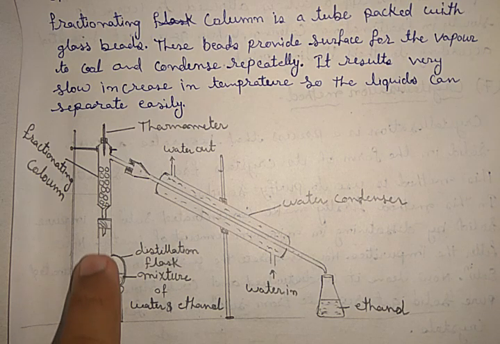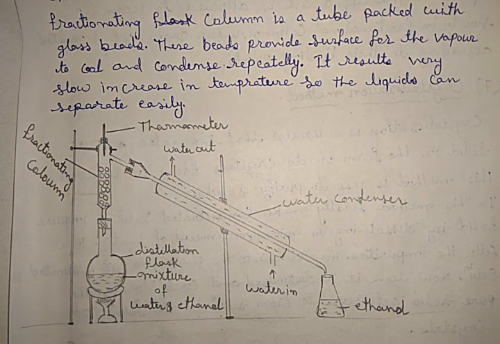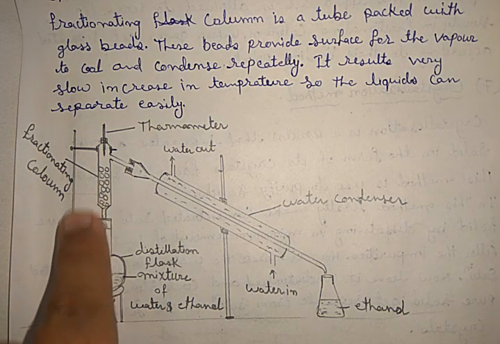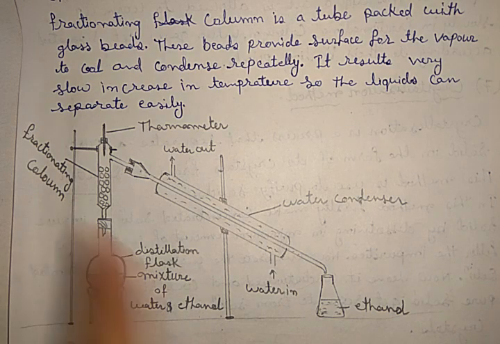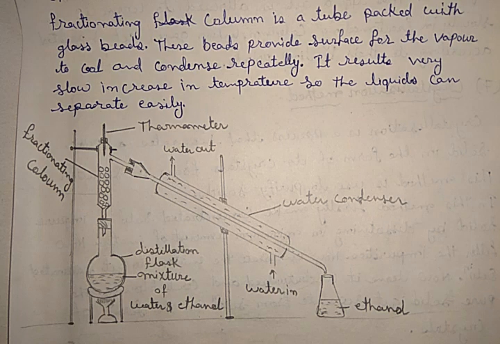When the gases rise up and strike the glass beads of the fractionating column, they condense again. They condense because these are cool surfaces, and the liquids fall back into the same flask.